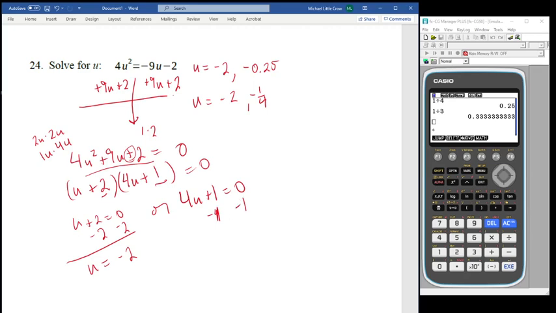So again, we subtract 1 here, 4u equals negative 1, and then we divide by 4. So this one maybe was a little more straightforward in getting us the fraction. Okay, so we got the same answer both ways. You choose, but that's 24.